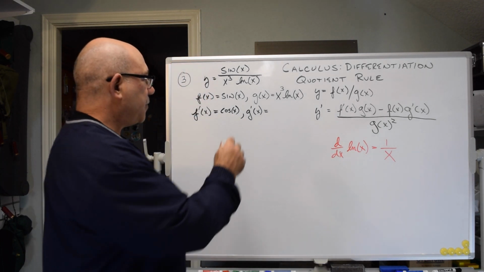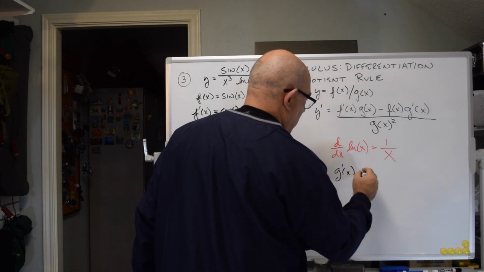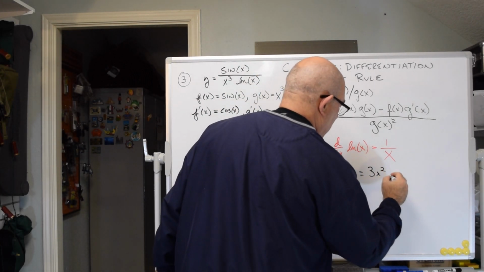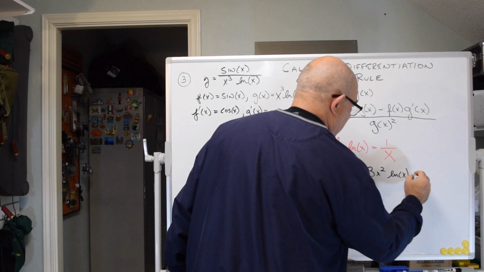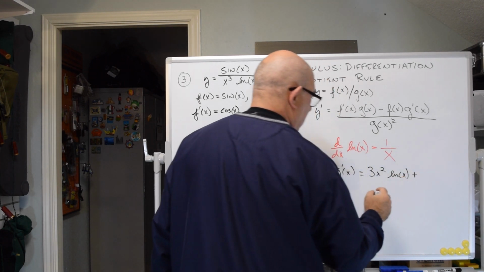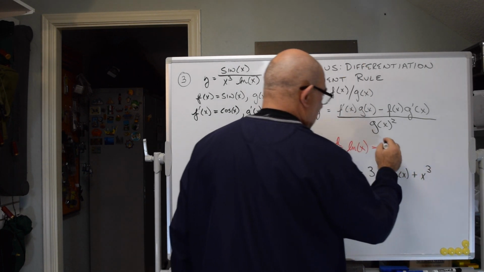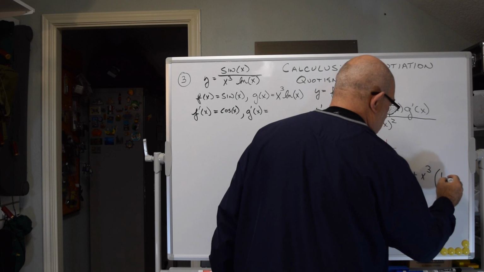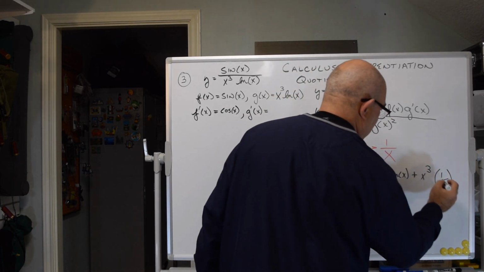Okay? So if we take g of x, we take the derivative of it, it's going to be 3x squared times log x plus x cubed times the derivative of log x, which is 1 over x. And that simplifies. We can get rid of this x.